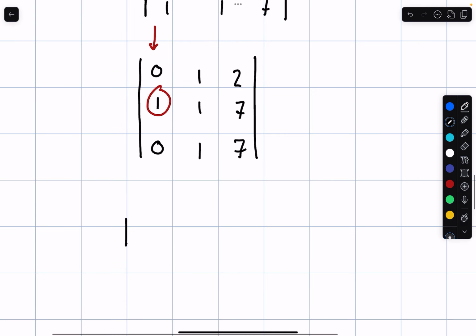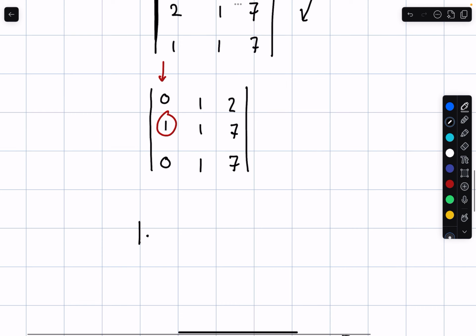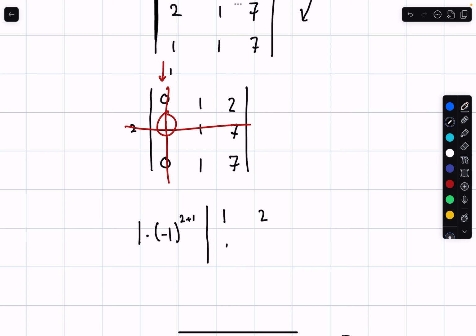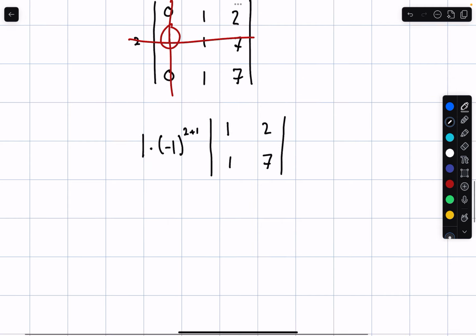So we're going to have 1 times, this is going to be the second row and the first column, so negative 1 to the power of 2 plus 1 times the determinant of everything that's left. So this is the determinant of 1, 2, 1, 7. And so this is going to be negative 1 to the 3, which is negative 1, so it's going to be negative.